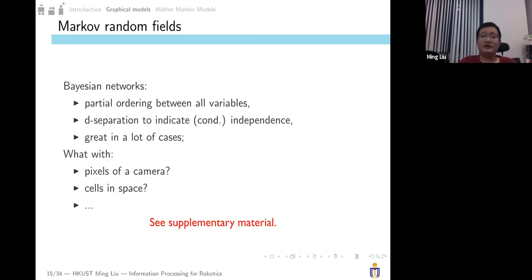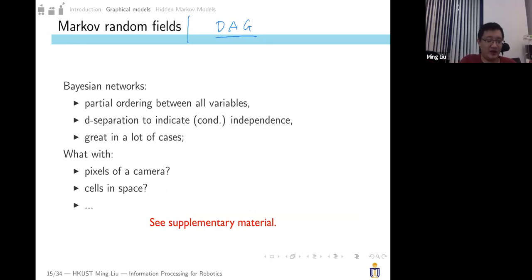Another type of network is called Markov random field. The difference between a Markov random field and the DAG is that you don't have any arrows anymore. You don't have the cause and the consequence, you don't have this definition anymore.